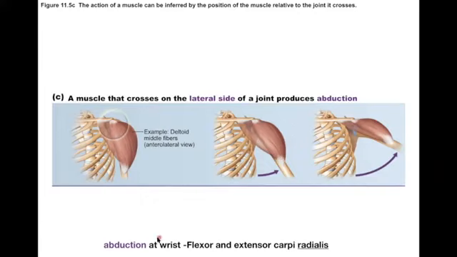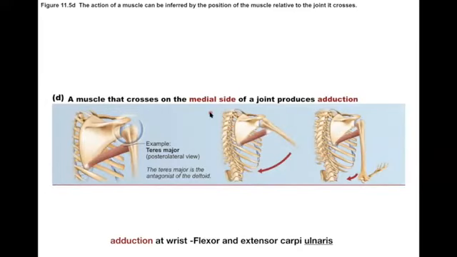And down on your wrist area, well, this gets a little more complicated. I'll talk about that. But because the flexor and extensor carpi radialis are both on the lateral side of your wrist, they're both wrist abductors. And the opposite is true. If they're spanning the medial side, it's going to bring that limb, that bone, back toward the body.